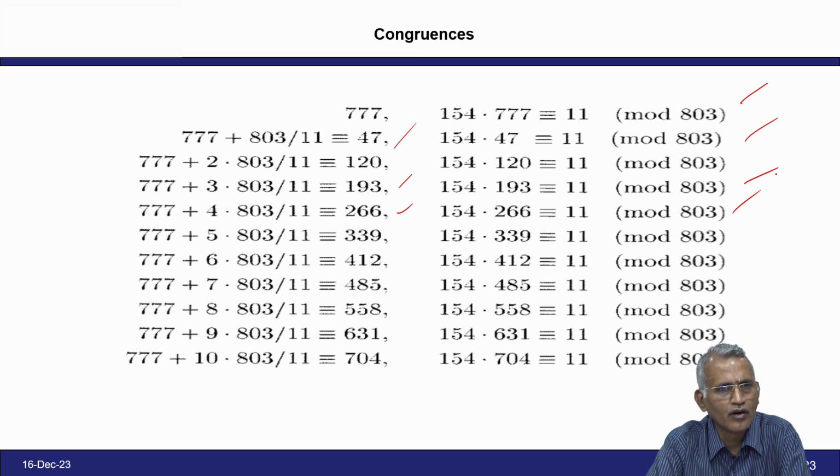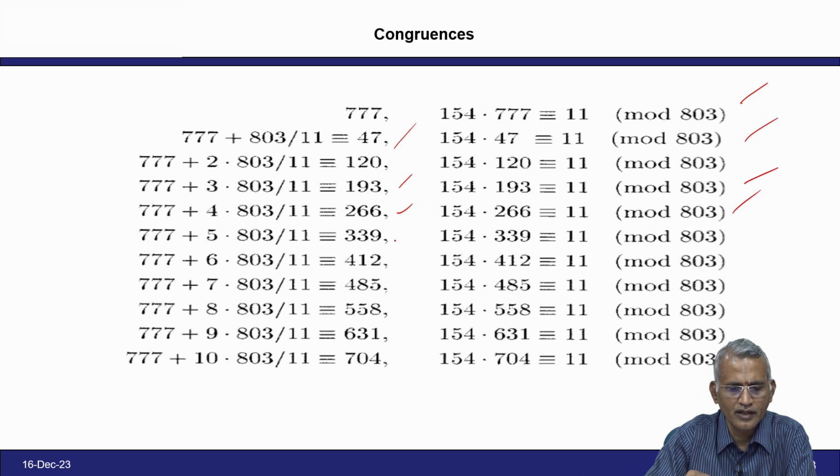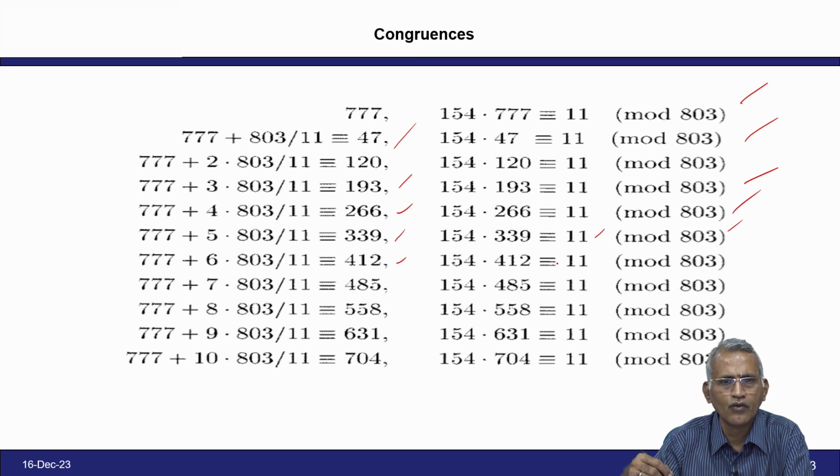Similarly, 777 plus 5 into 803 by 11 equals 339. Therefore, 154 into 339 is identically equal to 11 under modulo 803. Similarly, 777 plus 6 into 803 by 11 equals 412. Therefore, 154 into 412 is identically equal to 11 under modulo 803, and 777 plus 7 into 803 by 11 equals 485.